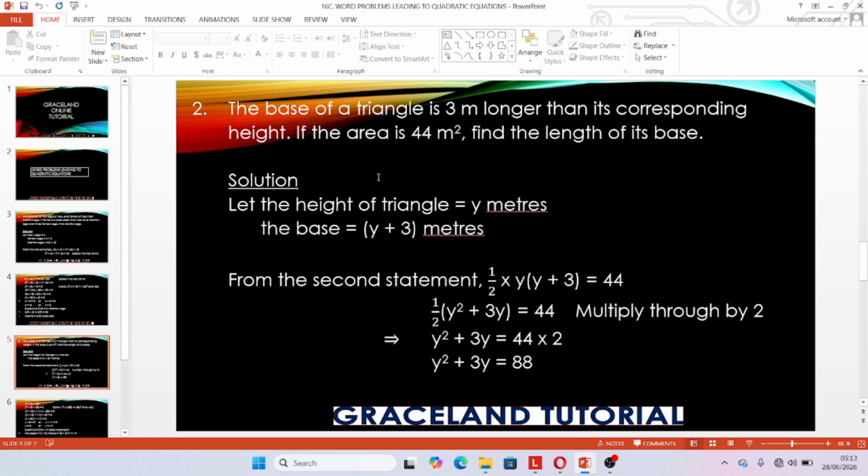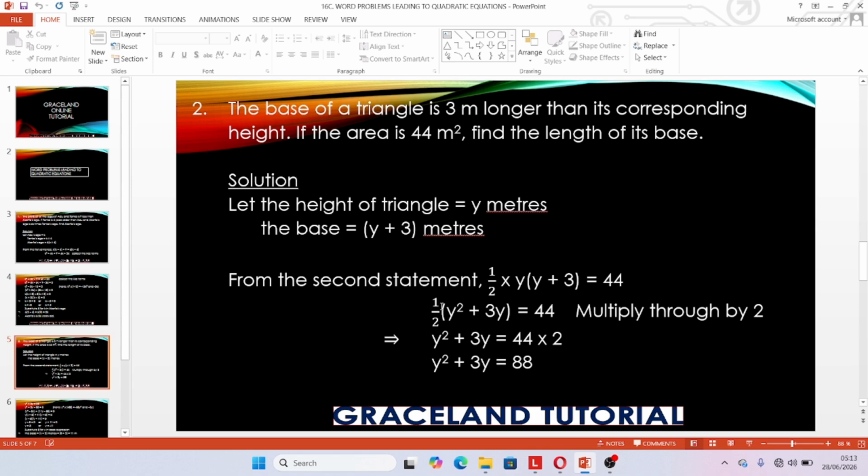From the second statement, we are given the area of the triangle. We apply the formula for calculating the area of a triangle, which is half base times height. So we are going to have 1 over 2 times the product of the base and the height, which is y into y plus 3, equal to 44.